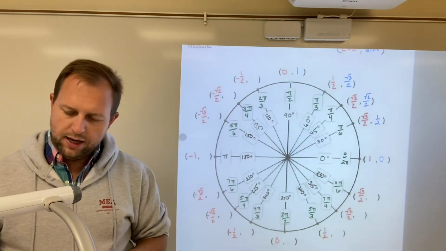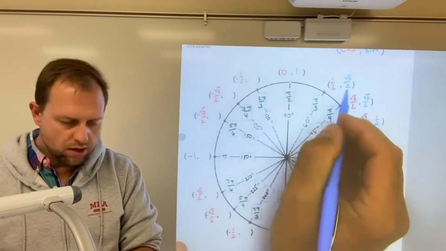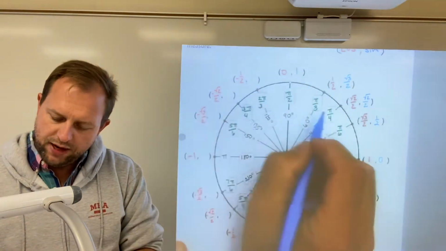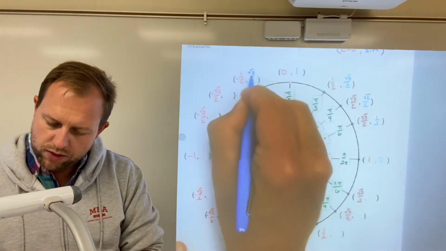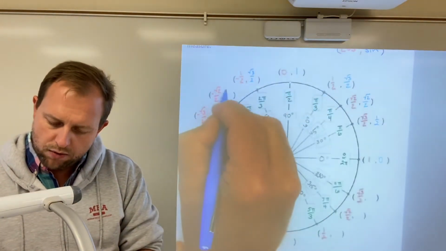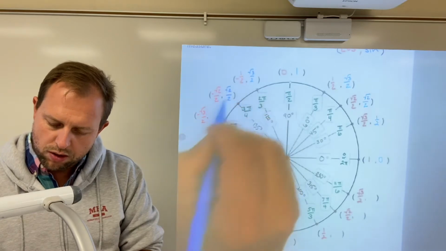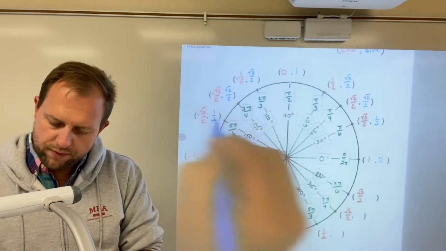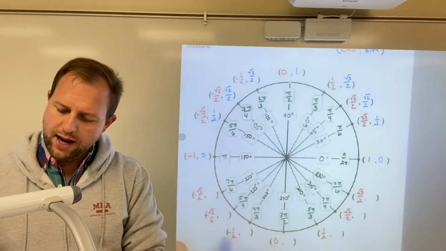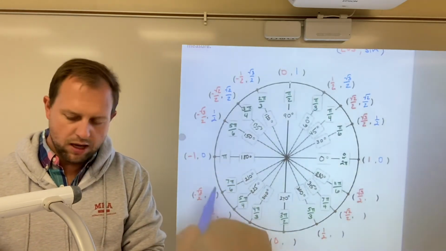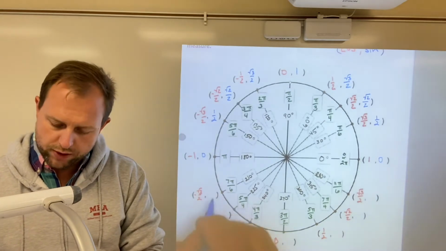For the sine values, they stay positive in the top 2 quadrants. So root 3 over 2 as we move down the y, root 2 over 2, 1/2, and 0. And they're negative in the third and fourth quadrants.